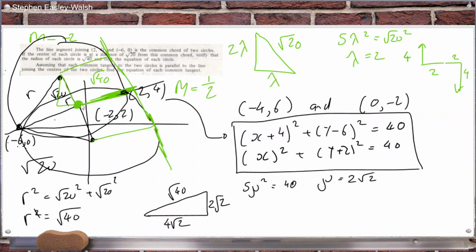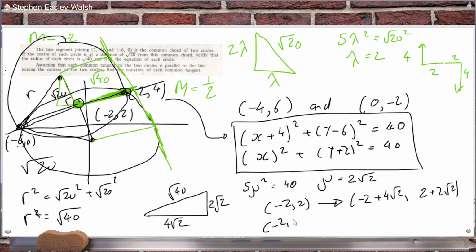So if we travel there and there according to this triangle, where will we end up? So -2, 2 will have us ending up at minus 2 plus 4 root 2, and 2 plus 2 root 2.